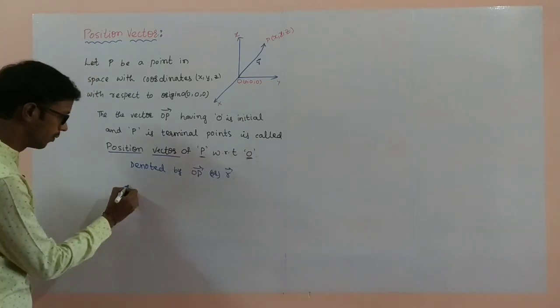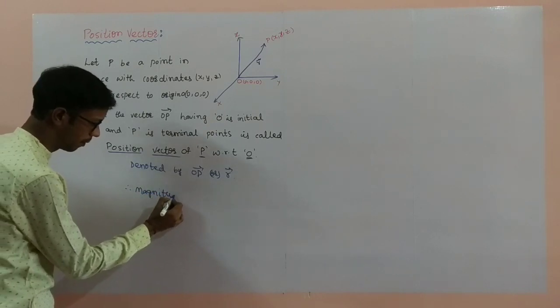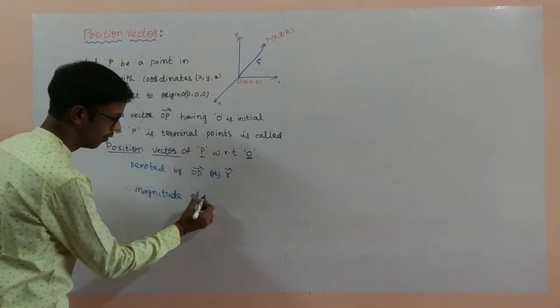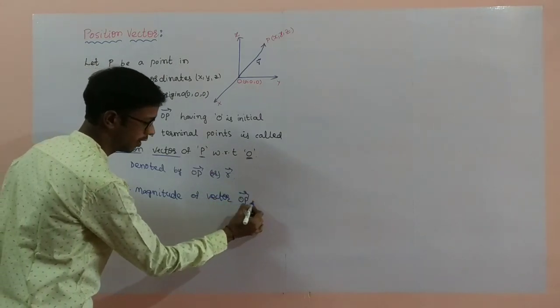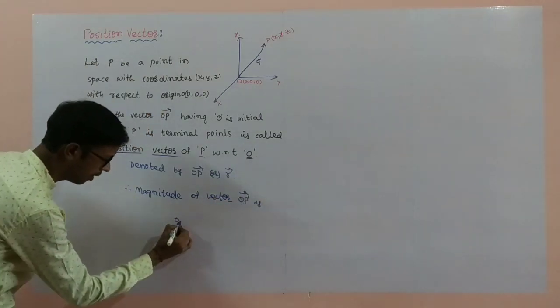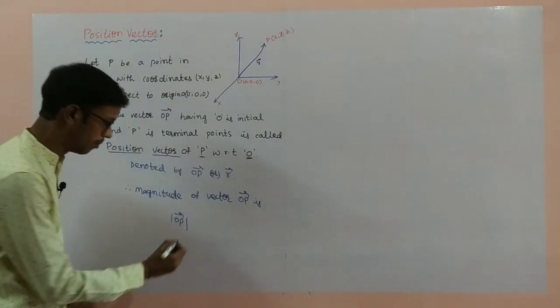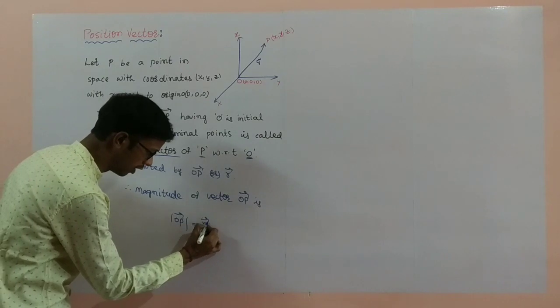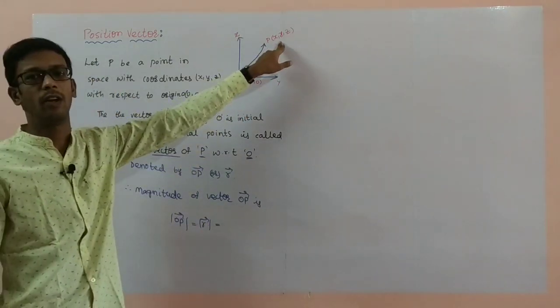The magnitude of vector OP bar, denoted by magnitude of OP bar, that is magnitude of R bar, is equal to the distance formula, which we have to use here.